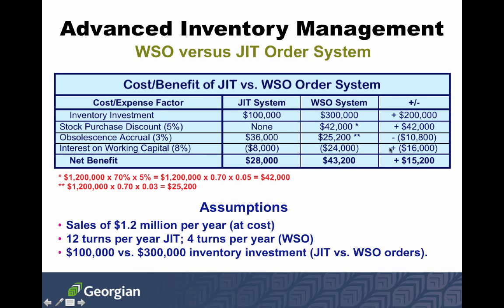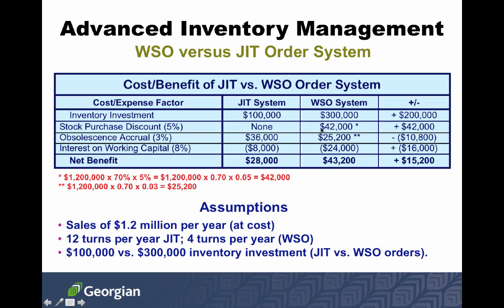So it costs me an extra $16,000 of interest or opportunity cost, at least if I'm not dipping into the line of credit, 16,000. So here, in the just-in-time system, I have $36,000 of obsolescence accrual, the benefit, and the cost of working capital tied up of $8,000. So that's $28,000 is the net benefit.